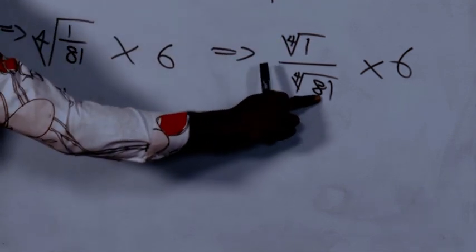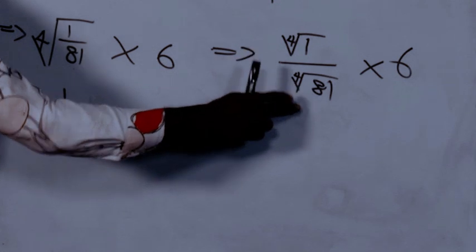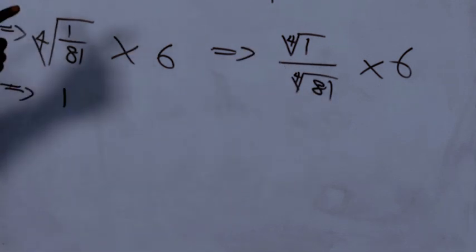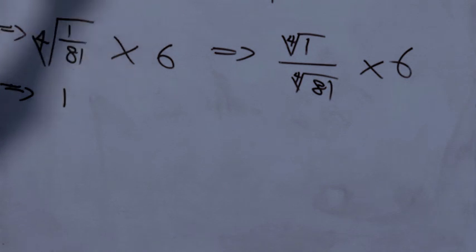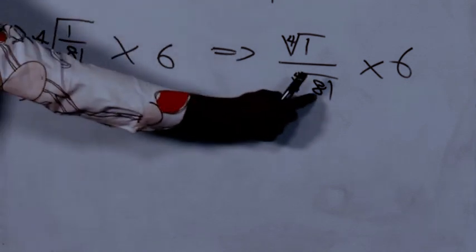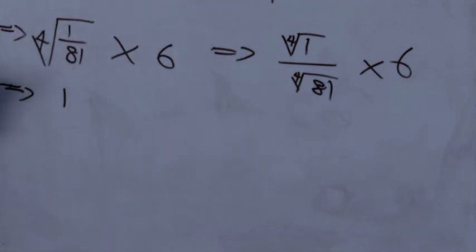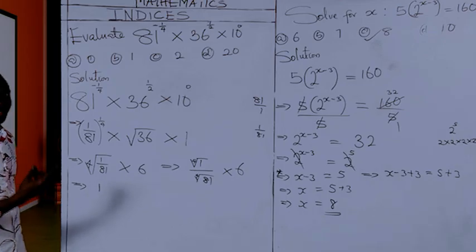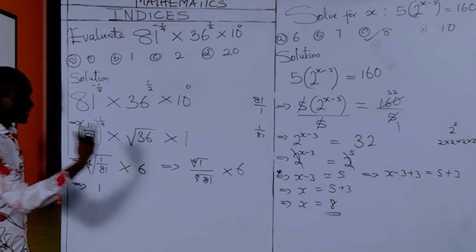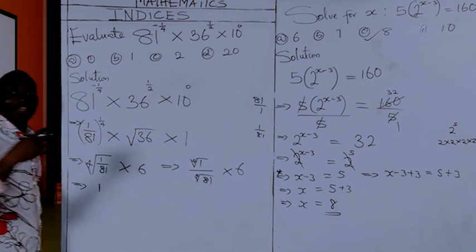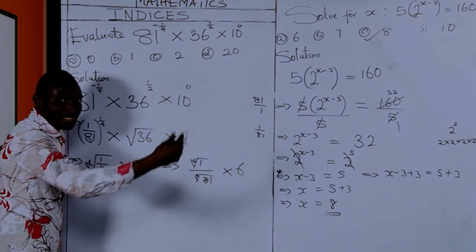Now 4th root of 81, we are looking for the number that will multiply itself 4 times to give us 81. That number is 3. 3 times 3 is 9. 9 times 3 is 27.